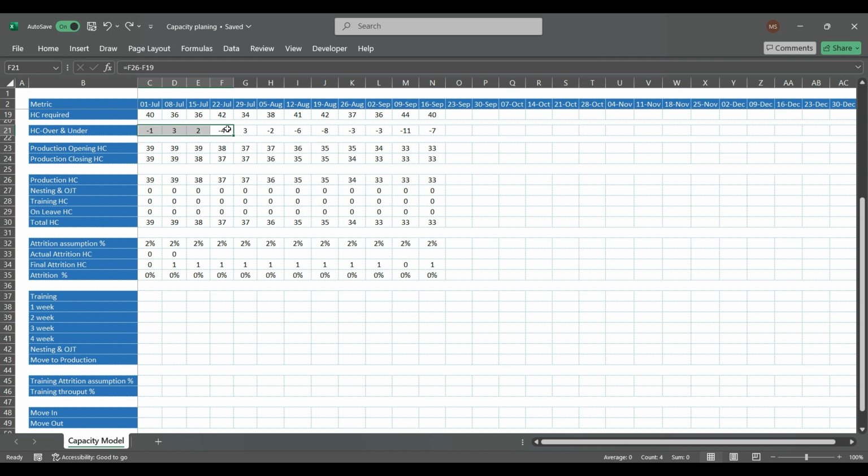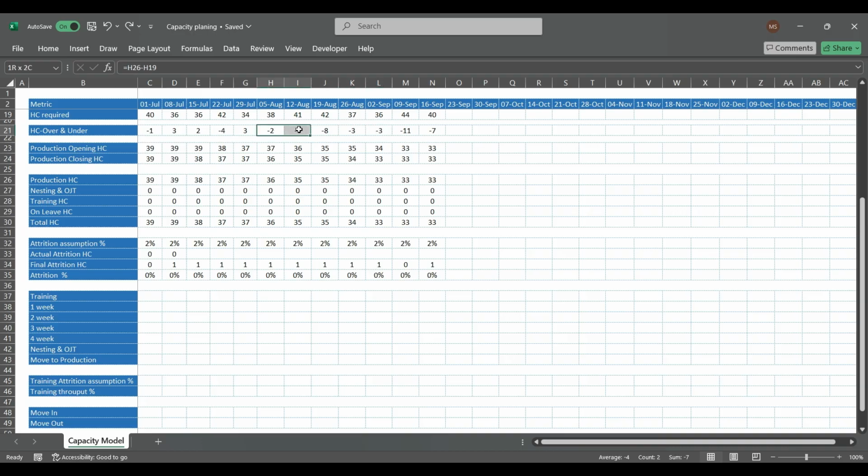If I consider 4 weeks or 5 weeks, you can consider it as per your requirement. Now we can see it showing -2, -6, -8, -3, -3.